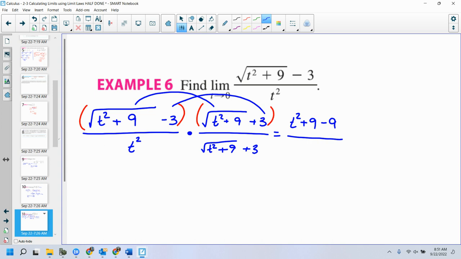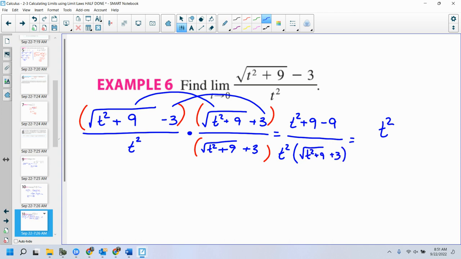Now, again, I'm going to have this here. However, what's the top going to reduce into? Just t squared, right? Eventually. That's just going to get us a t squared. Okay, now here, I'm not going to multiply that in. And you'll see why.